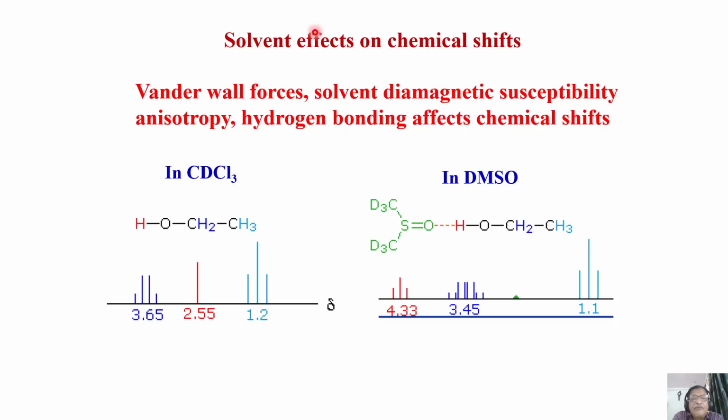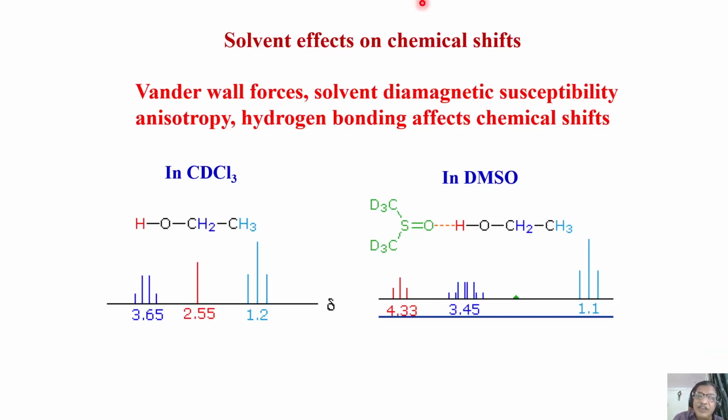Sometimes it so happens that you synthesize the molecule and record a spectrum in chloroform, and you get one type. You record the same spectrum in a different solvent like dimethyl sulfoxide, DMSO, and you get a different spectrum. Sometimes it appears different and you may wonder what is happening. These solvents sometimes influence your molecule.